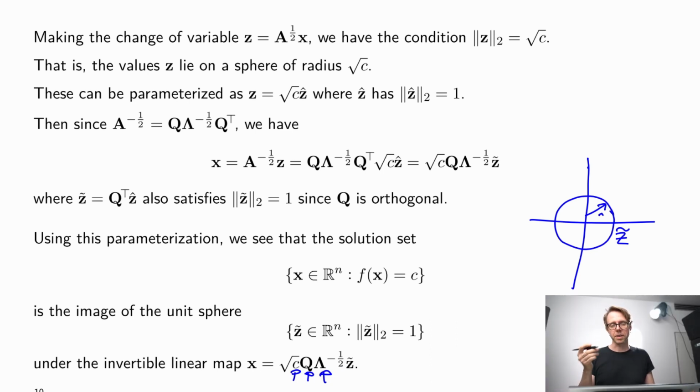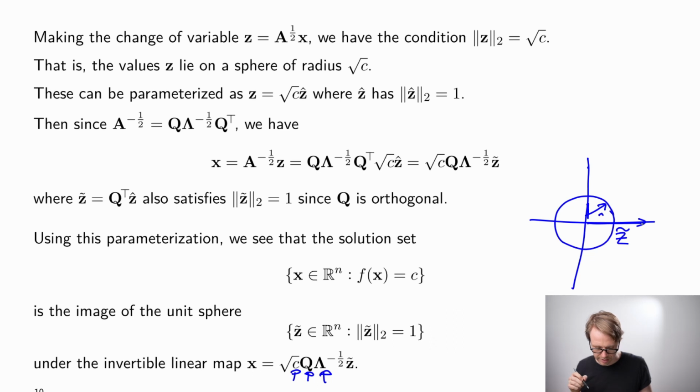Remember, lambda to the minus 1/2 is a diagonal matrix that only has positive diagonal entries. So what that means is that we're taking all these directions and we're multiplying them by some positive number, which may be larger than 1 or smaller than 1. The result of this lambda to the minus 1/2 times z tilde will be some axis-aligned ellipse.